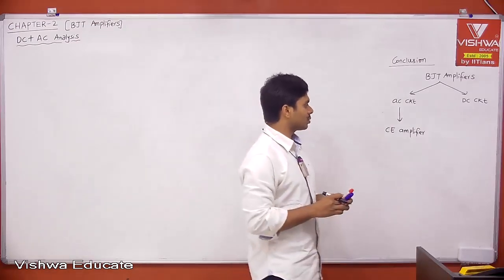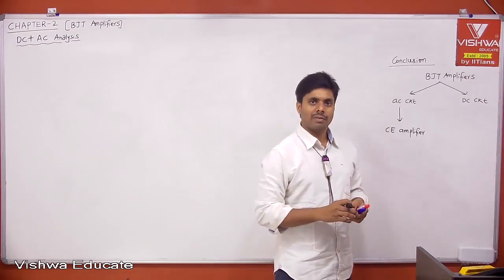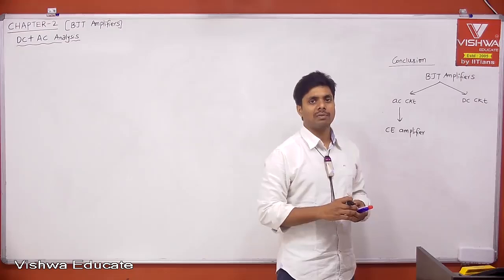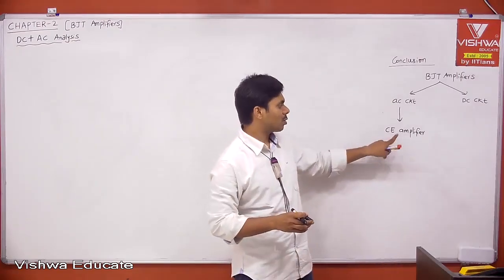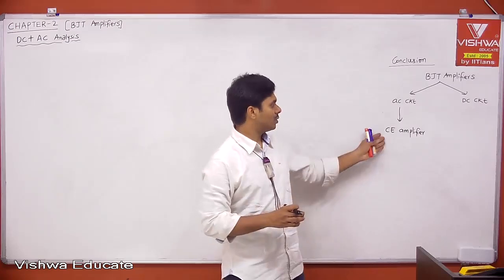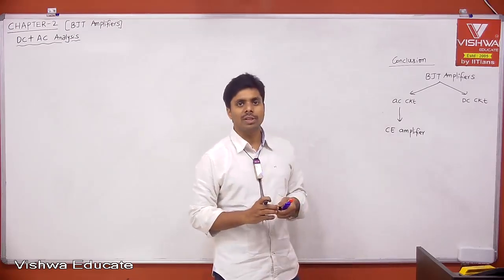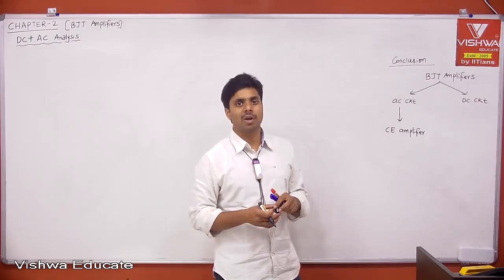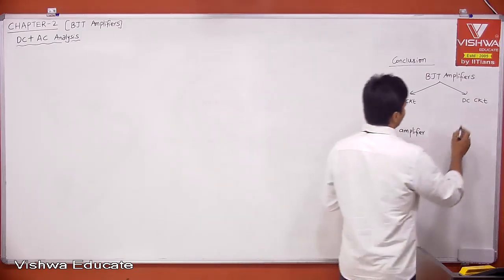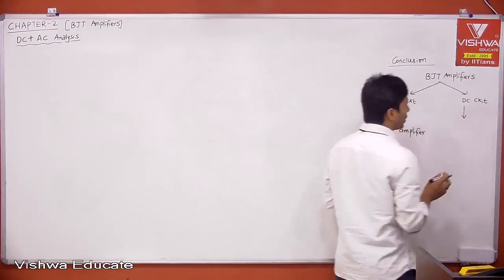Therefore this is best suitable for amplification, whether voltage amplifier or current amplifier. But ultimately we are speaking about voltage amplifier, therefore this is the core of voltage amplification, with which we get more voltage gain, and impedance matching we can get using CC amplifier, which we have seen already. Fine.